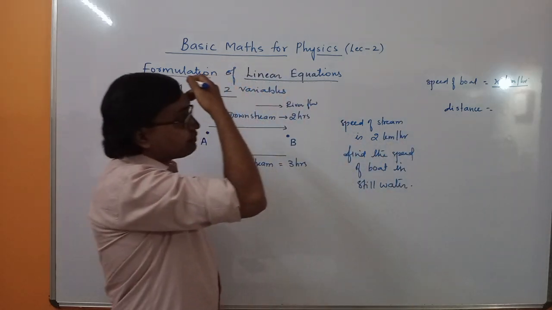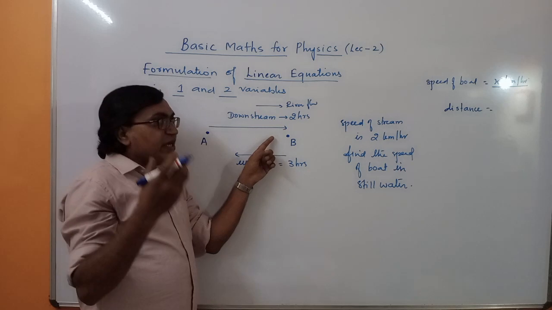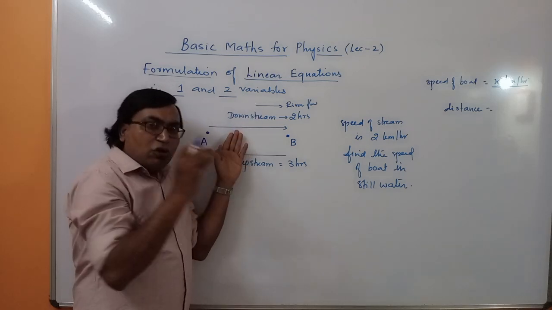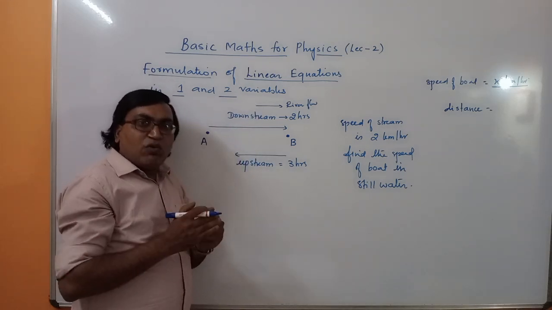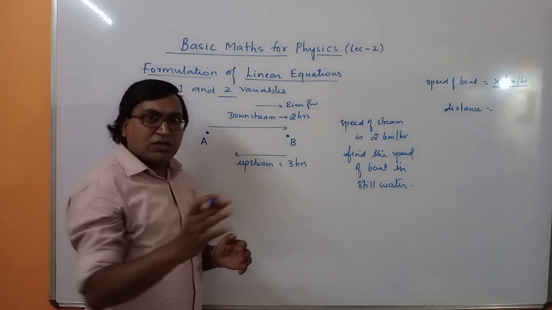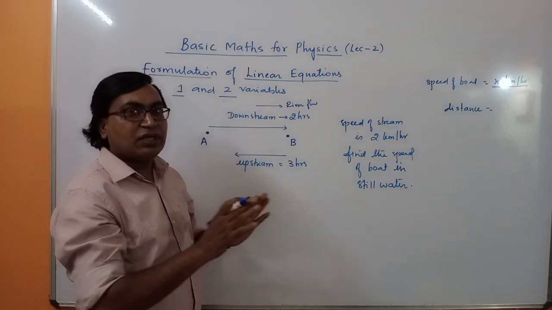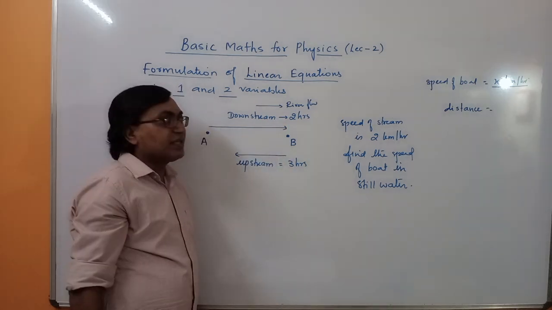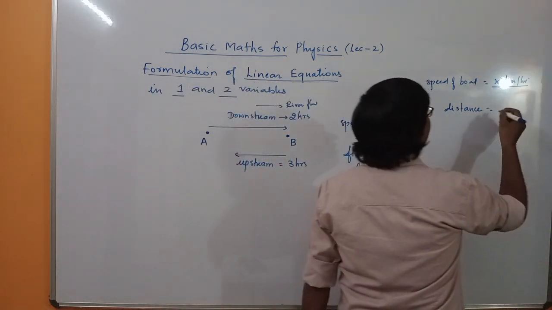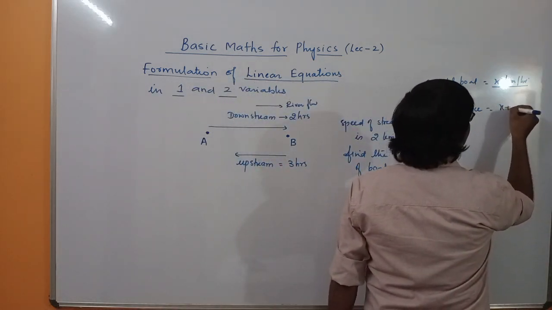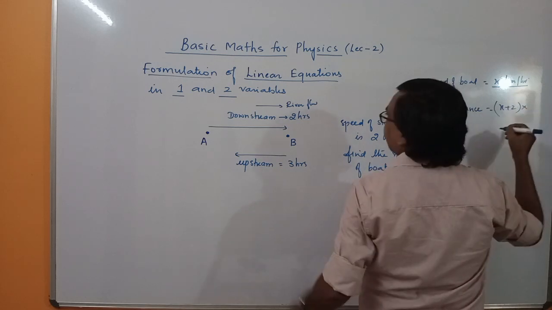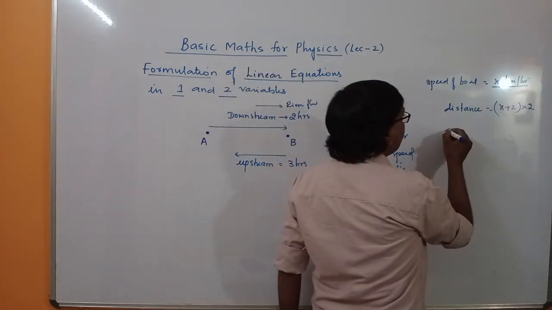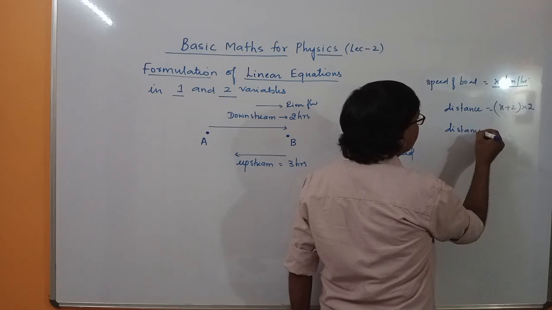When the boat is going downstream, the speed will become x plus 2, because x km per hour is the speed of the boat in still water, and the water current will help the boat in moving in this direction. So distance traveled downstream will be x plus 2, the speed of the boat, into time, and the time it is taking is 2 hours. Then similarly, the distance traveled upstream.